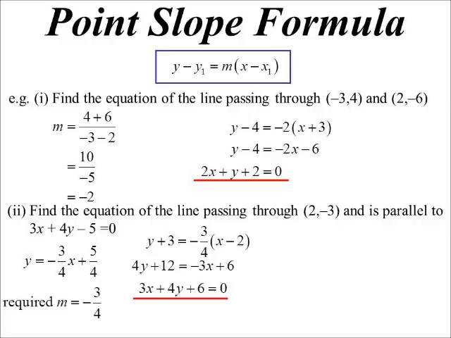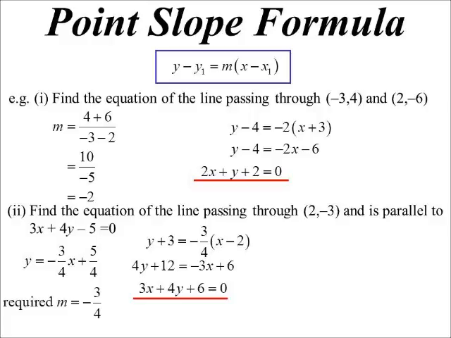Now, this brings us to a quicker way of doing this sort of question. Have a look at my answer, and have a look at the equation of the line that was parallel to. What do you notice? The same except the last. The coefficients of the x and the y are the same. Has to be, because if you were to work out the slope, you'd go y equals mx plus b, you'd rearrange it, those coefficients would form the slope.